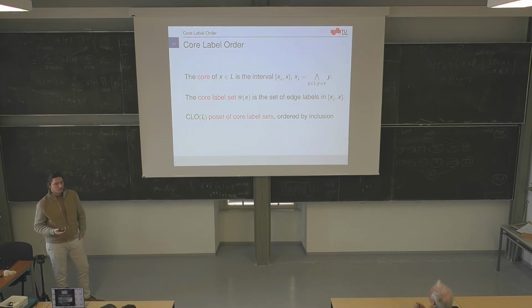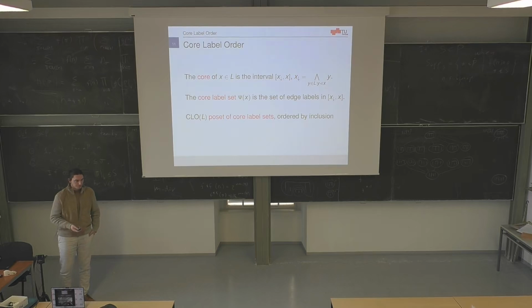Then the core of an element is exactly the interval between the nucleus and the element. Then the core label set is the set of all edge labels that appear in the core. And the core label order of our semi-distributive lattice is exactly the poset of core label sets ordered by inclusion.